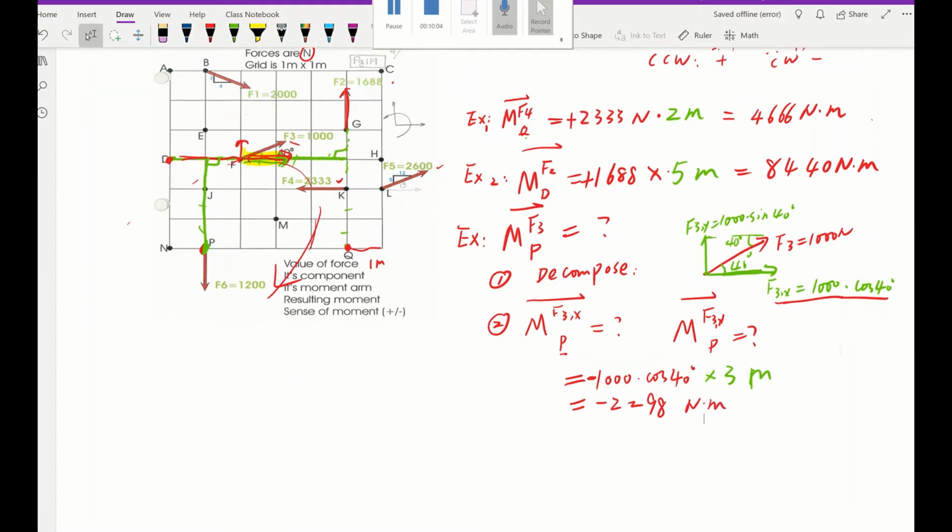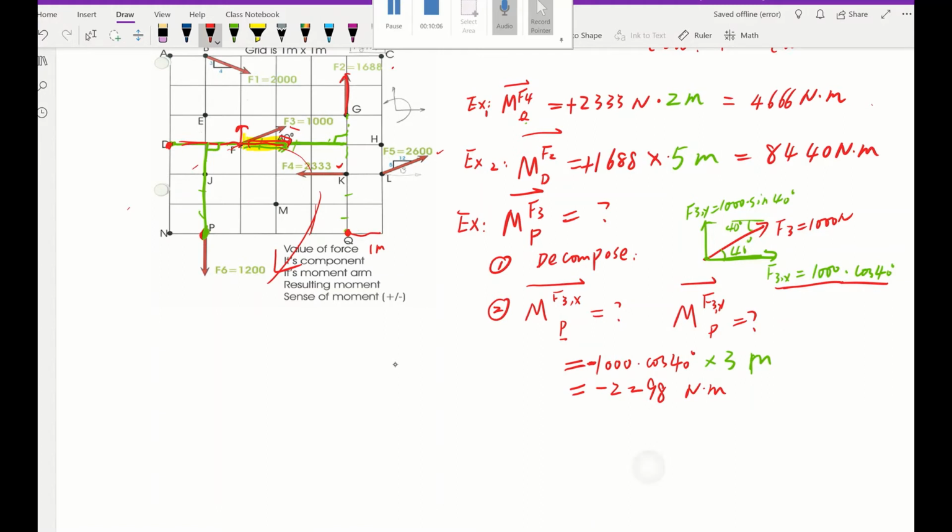All right, now we are going to solve. This is F3 x direction, rotating about P, right? So we're going to do the same thing for the y component, rotating about P. So the y component force is 1000 times sine 40 right here.